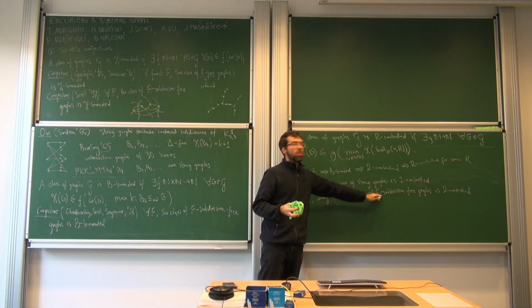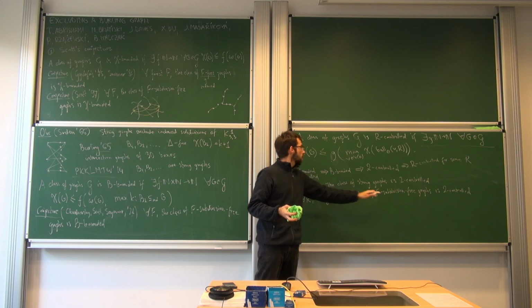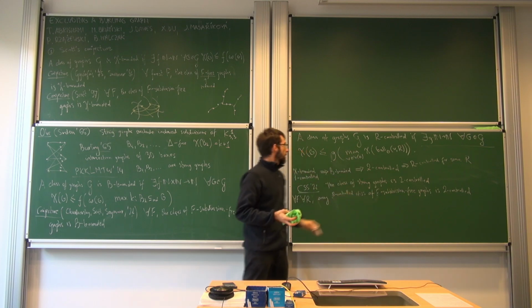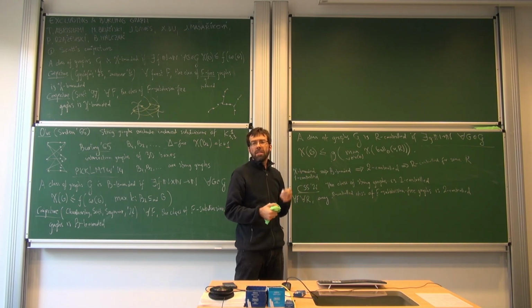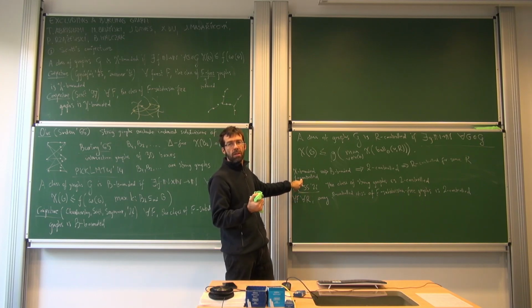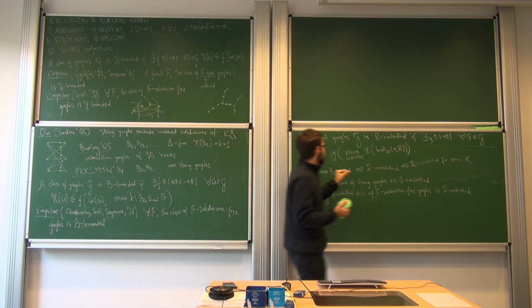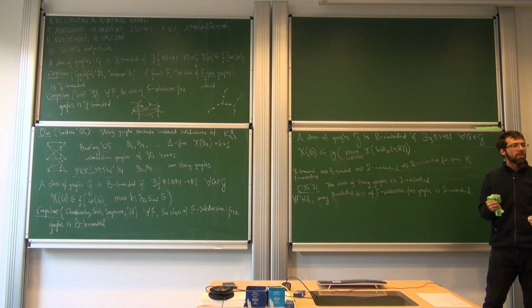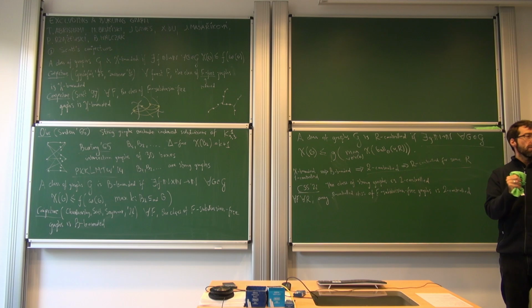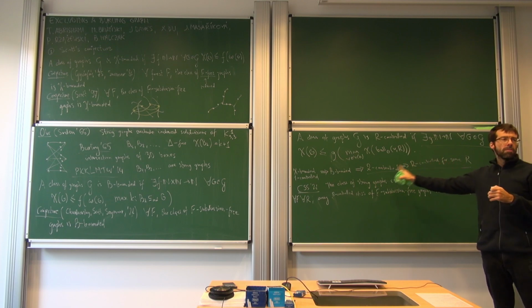So when we are excluding induced subdivisions of some graph, then two-controlled and R-controlled for whatever R turn out to be equivalent. Of course, except for one controlled, which is strong. Okay, so these two notions collapse for F subdivision free classes of graphs. We don't know what happens in general. So I don't know of any hereditary class of graphs which would be R-controlled for some R, but not two-controlled.